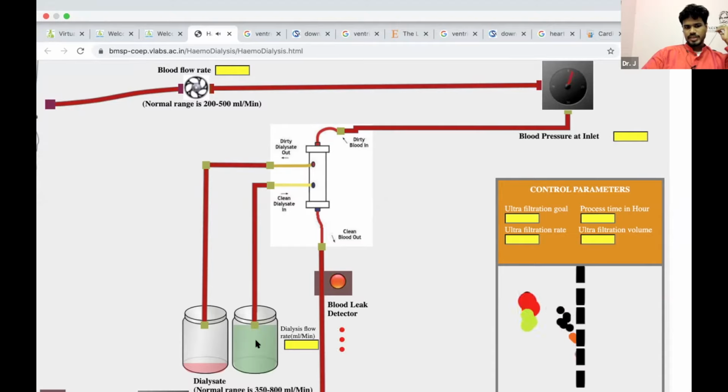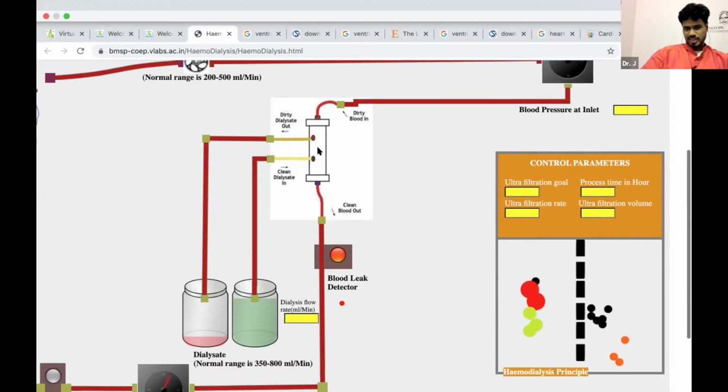So this is clean dialysate fluid, which removes impurities from blood. Then it flows from bottom to top, and the waste dialysate is sent this way. So this flows top to bottom, this flows bottom to top. That is known as counter current flow, so that the exchange between blood and dialysate is most efficient in the system. So that detail is over there.